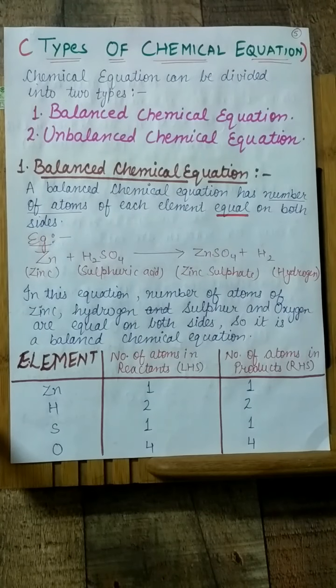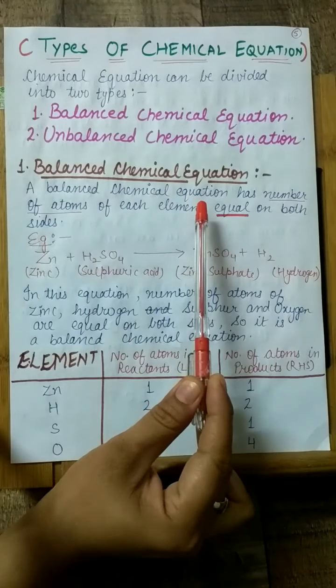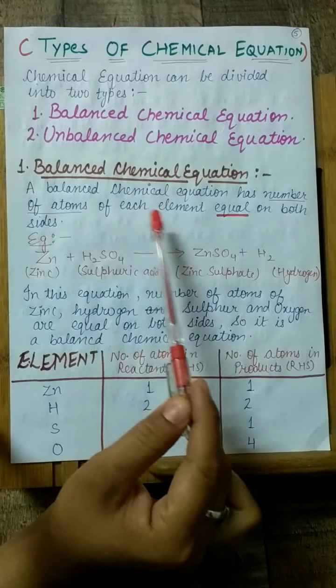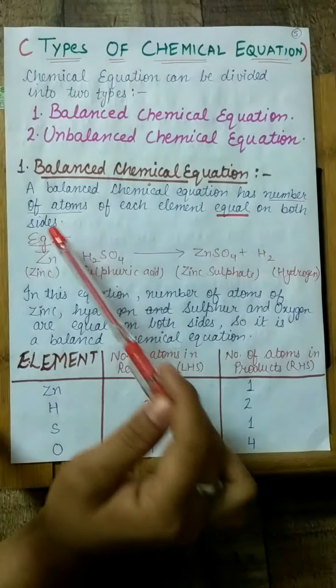Now we will discuss both of them one by one. First one is the balanced chemical equation. Now what is a balanced chemical equation? A balanced chemical equation has the number of atoms of each element equal on both sides.